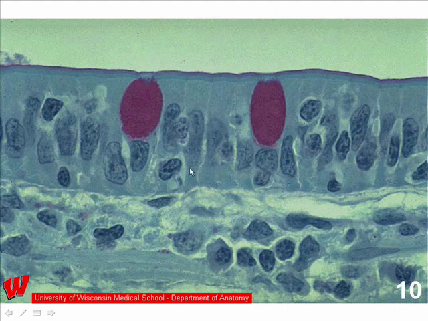So this is a simple columnar epithelium. It rests upon a basement membrane, which because of the staining of this section doesn't show up quite as nicely as the previous section, but nonetheless there's a basement membrane here. And then you can see the lateral surfaces of these simple columnar cells.